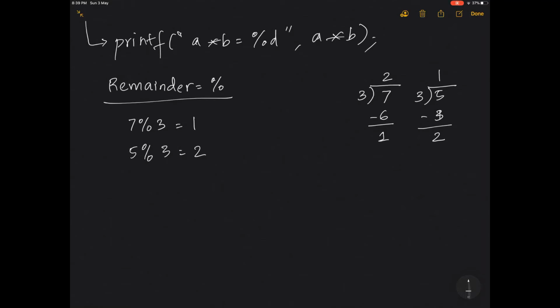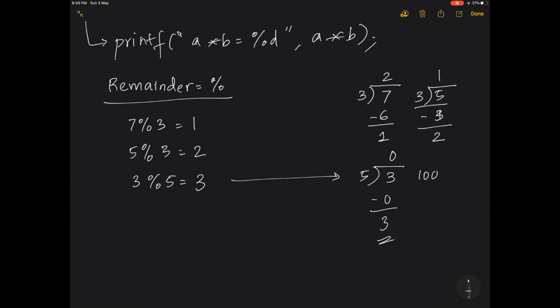Imagine if you're doing the opposite way, where the smaller number is on the left hand side. 3 modulus 5. This is writing 5 outside and 3 inside. This will obviously go only 0 times and the remainder is 3. This can be for anything.